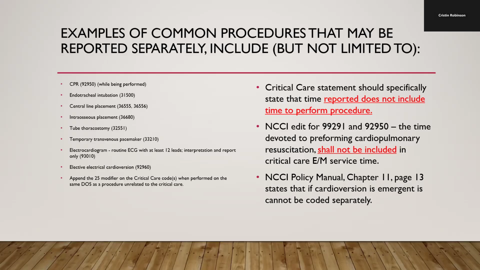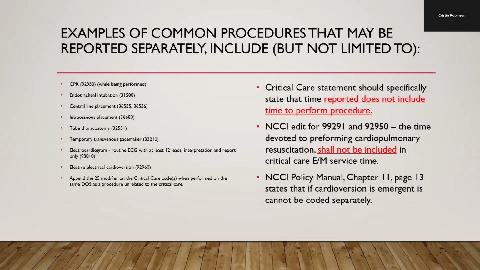Okay. We also have endotracheal intubation, which is our 31500, central line placement 36555 and 36556, intraosseous placement 36680, tube thoracostomy 32551, temporary transvenous pacemaker, which is 33210, an electrocardiogram, this is your 12 lead interpretation and report only, 93010.